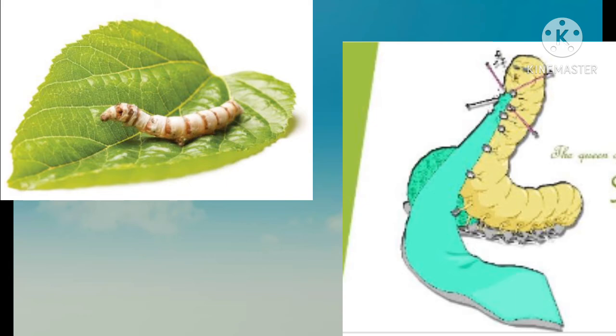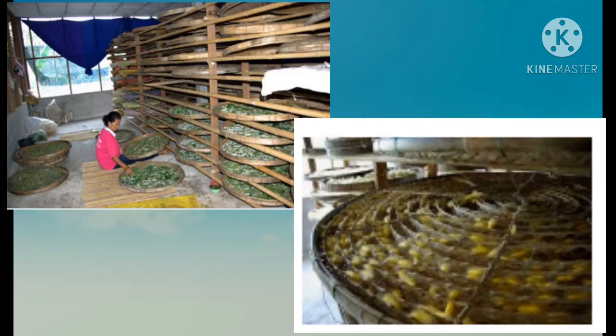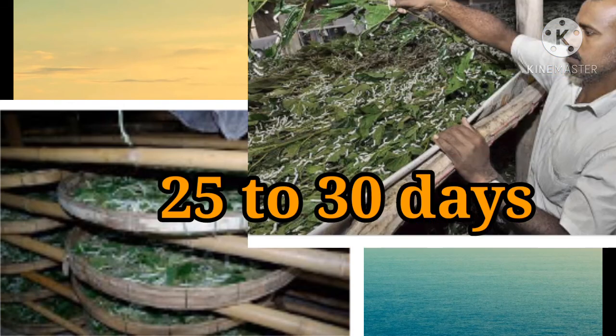The larvae, called caterpillars or silkworms, eat day and night and increase enormously in size. The larvae are kept in clean bamboo trays along with the freshly chopped mulberry leaves.